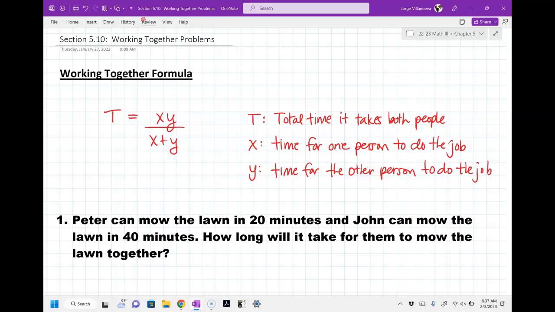Okay, so the time it takes both people is T, the time it takes one person is X, and the time it takes the other person is Y. And we don't try to hide who is doing what. It's going to be obvious in the problem. They're not going to be trying to hide it within these other words. No, it's pretty obvious.